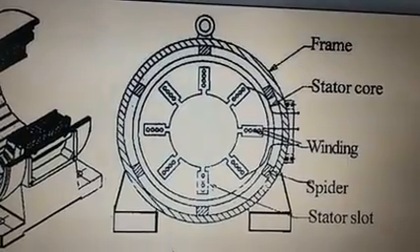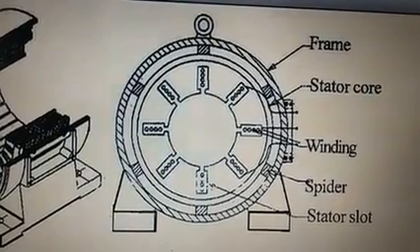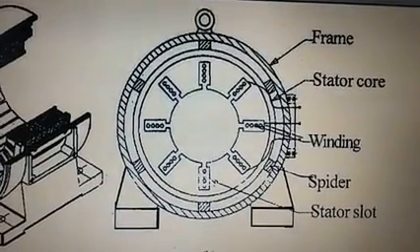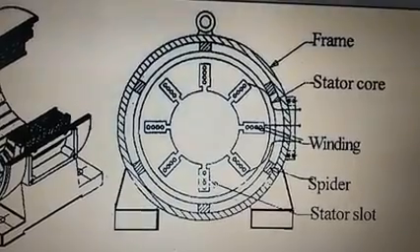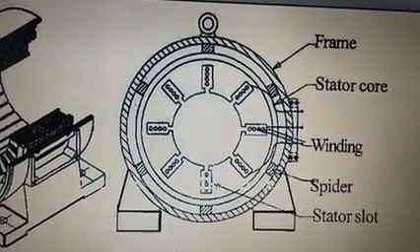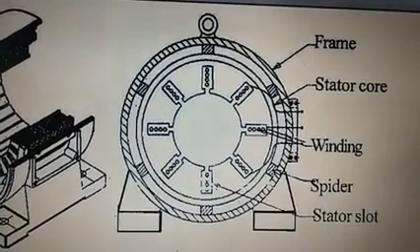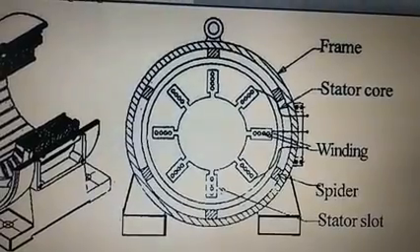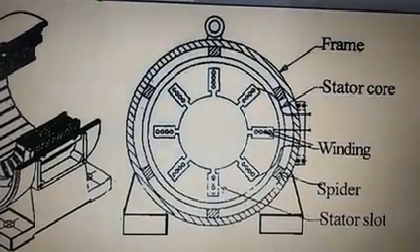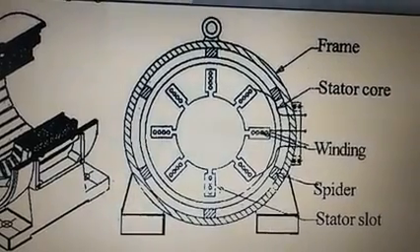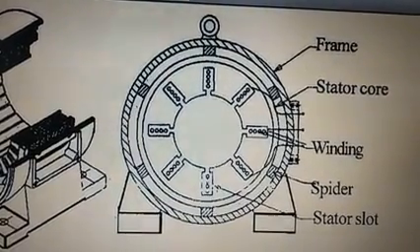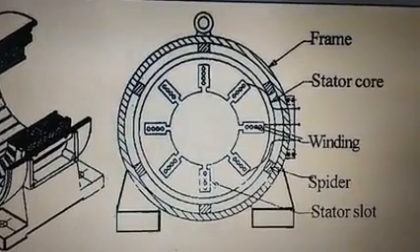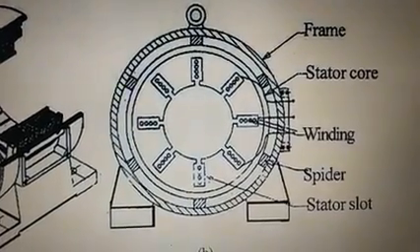In small machines, the conductor bars and end rings are sometimes made of aluminum with the bars and rings cast as a part of the rotor core. Actually, the entire construction, that is bars and end rings, resembles a squirrel cage, from which the name is derived for this type of rotor.